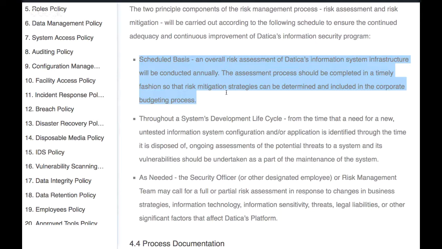An overall risk assessment of Datica's information system infrastructure will be conducted annually. So the assessment process should be completed in a timely fashion so that risk mitigation strategies can be determined and included in the corporate budgeting process.